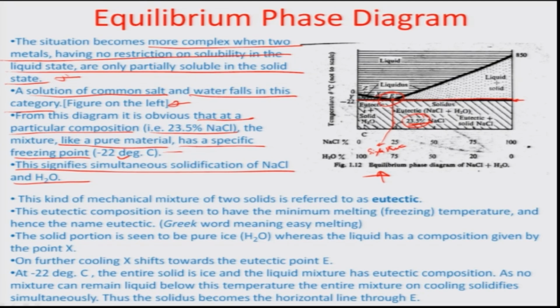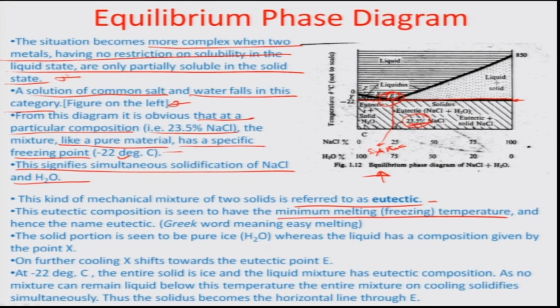Now, at the point E, the liquid directly changes to the solid, and we cannot distinguish between the different phases of the solid, because they are going to be salt and water both, but it is indistinguishable. This is referred to as the eutectic point, which means the minimum melting or freezing temperature. Beyond the eutectic, the whole mixture would tend to be solid almost always.